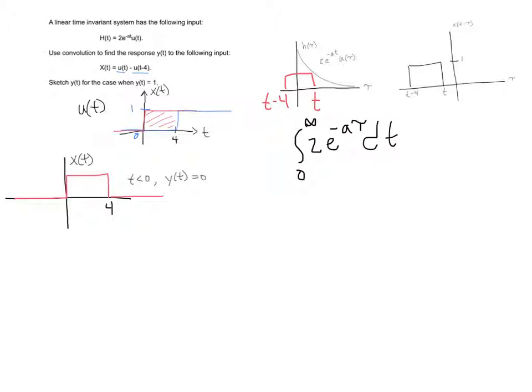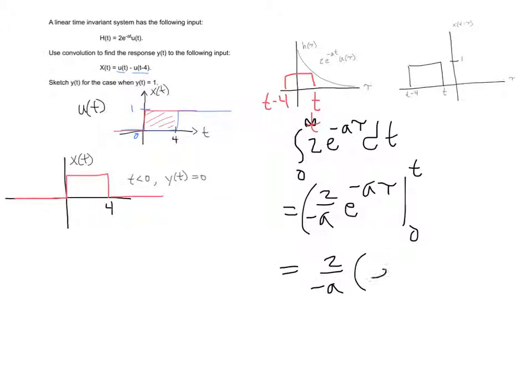And that will look like 2 over negative a e to the negative a tau from 0 to t. I'm sorry, that's supposed to be 0 to t. And this is a constant, so you can pull that out.